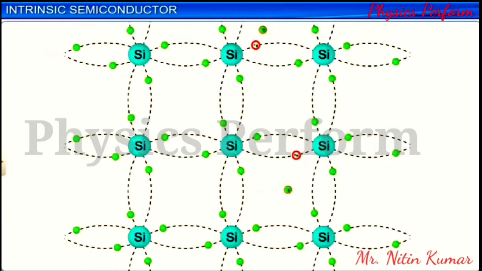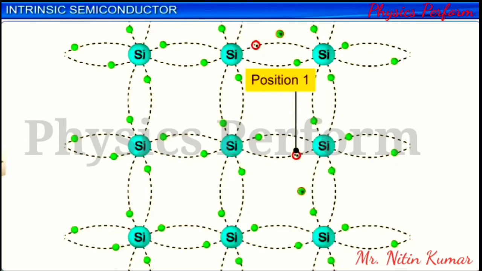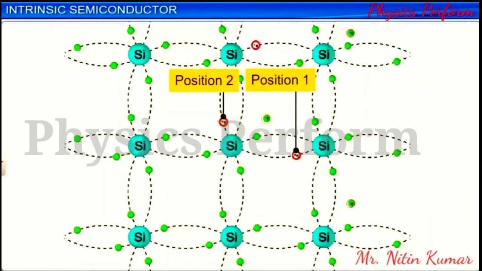Consider a hole or a vacancy at position 1 in the crystal lattice of a semiconductor. Now, an electron from position 2 can jump to occupy the vacancy at position 1.